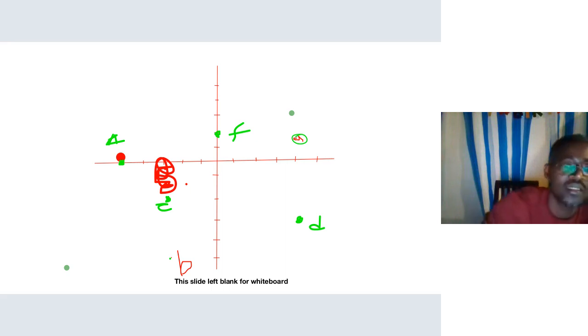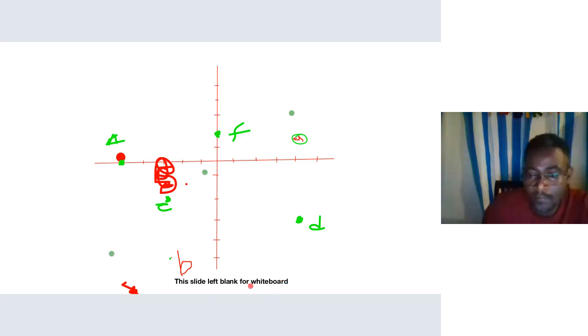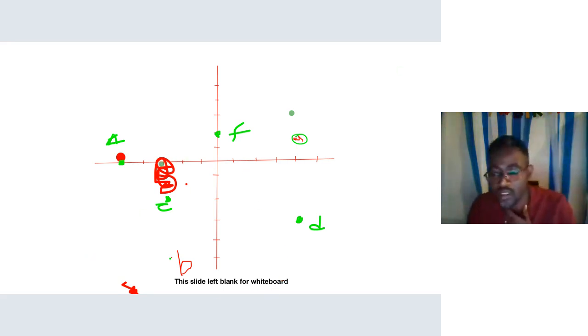It is on the x-axis. Now, what about number 4? Which quadrant is -3 and -7? In which quadrant is -3 and -7? Oh, sorry guys. Sorry, I forgot to present.